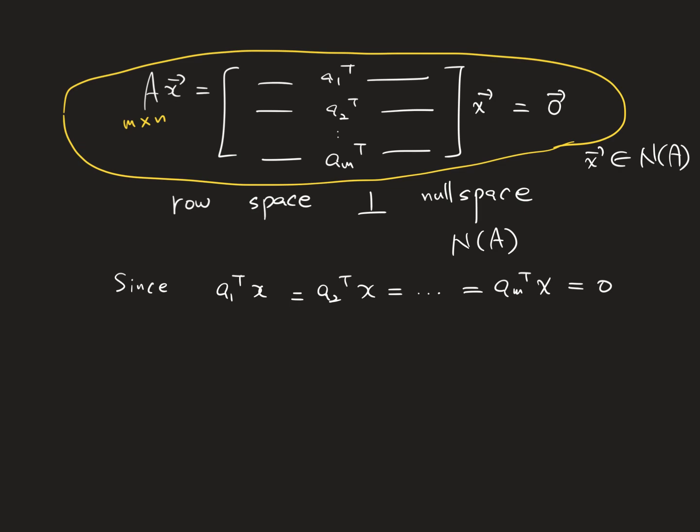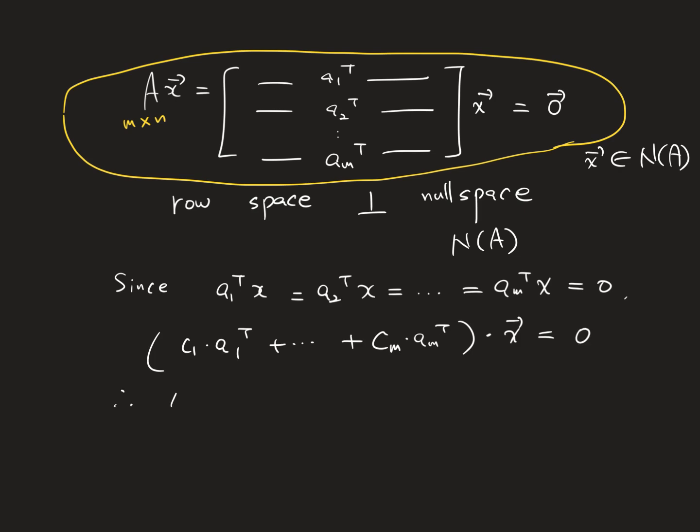So we can see that c1 times a1 transpose plus and so on, this is a linear combination of row vectors, will be orthogonal to any vector in the null space.